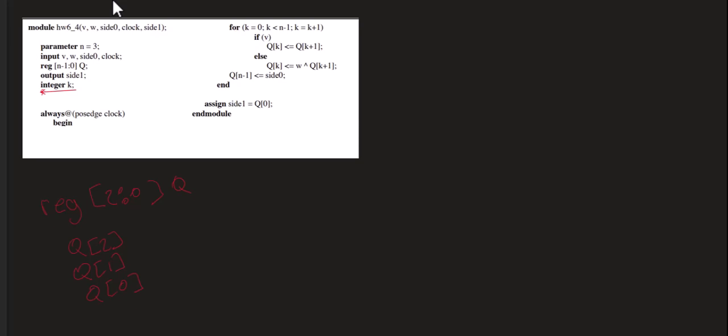Then we have an always block, always at the positive edge of the clock, so it goes through at every positive edge of the clock.